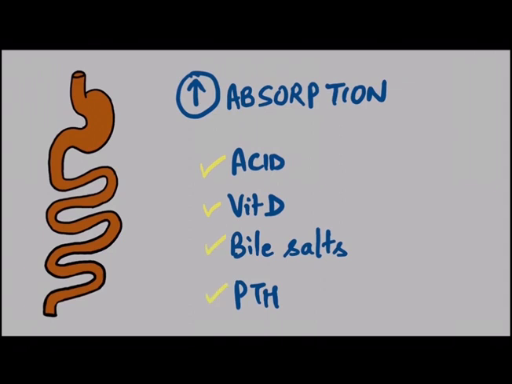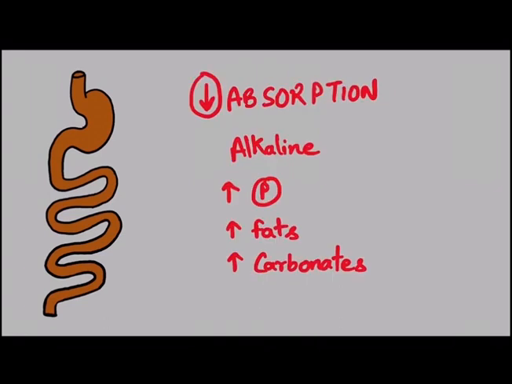All these promote absorption of calcium. Phosphates, fats, and carbonates decrease the absorption of calcium by binding the calcium which is available for absorption in the gut. Alkaline pH of the gut also decreases the absorption of calcium.